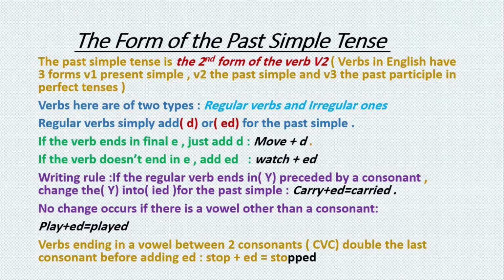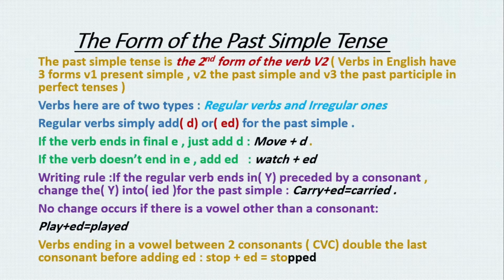And remember, if the regular verb ends in the letter y preceded by a consonant, consonants like s, d, t, l, m, r, n, change the y into i before adding ed, like carry will be carried.